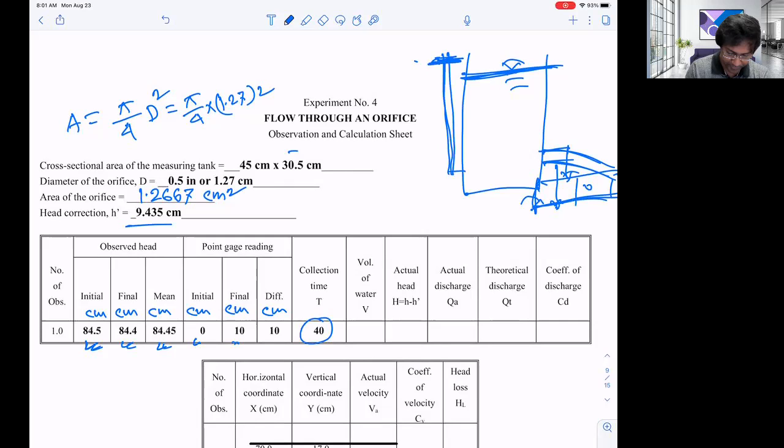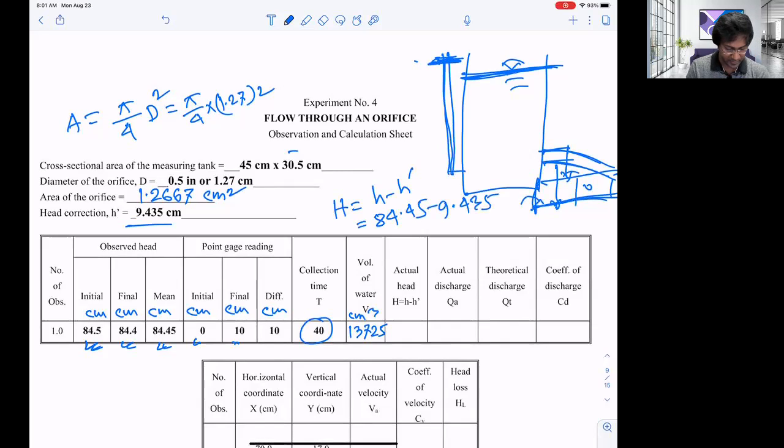So it will be 13725 centimeter cube. And what is the actual head? We know the total head is 84.80, right? The actual head is h minus h prime. So we know it is 84.45 minus head correction. What is head correction?